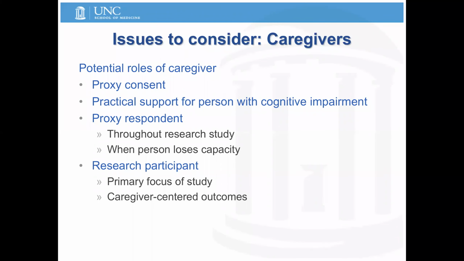Caregivers could certainly simply be contacted to give proxy consent for the participation of somebody who, due to progressive dementia, cannot consent to research participation themselves. They might simply function as practical support for the person with cognitive impairment to participate, helping them get to research visits, for example. A caregiver might serve as a proxy respondent either throughout the research study or when the individual who has underlying dementia loses capacity in the course of follow-up.